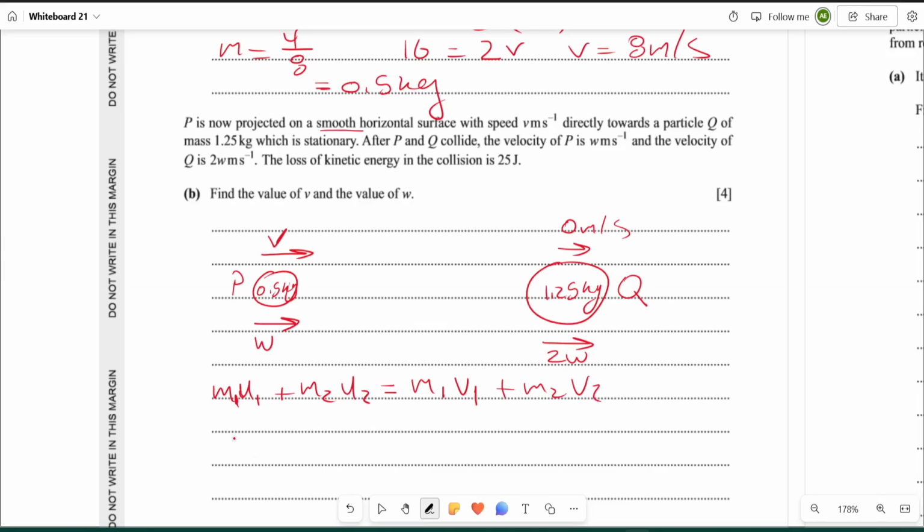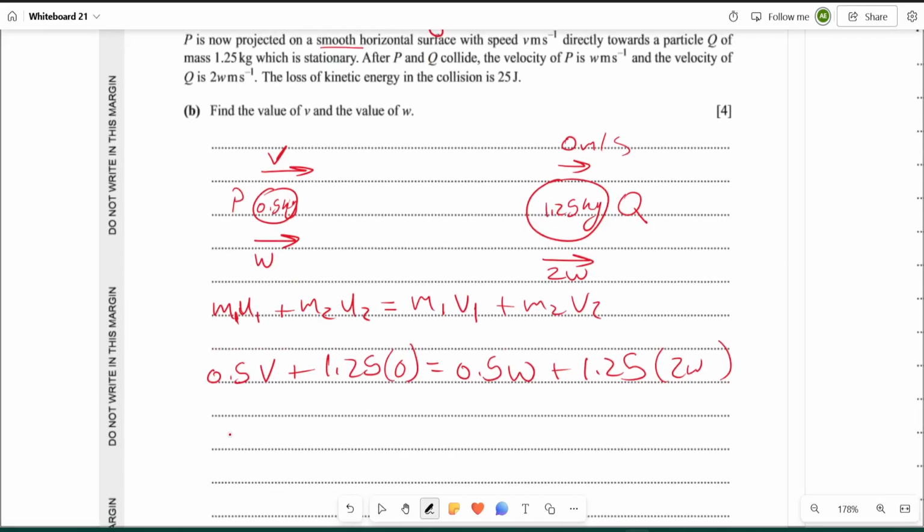So let's write that. m1 is the mass of P, which is 0.5. u1 is the velocity before the collision of P, which is V, plus m2, which is 1.25, the mass of Q, times u2, which is 0. This should equal m1, which is 0.5, times the final velocity of P, which is W, plus 1.25 times v2, the final speed of Q, which is 2W.